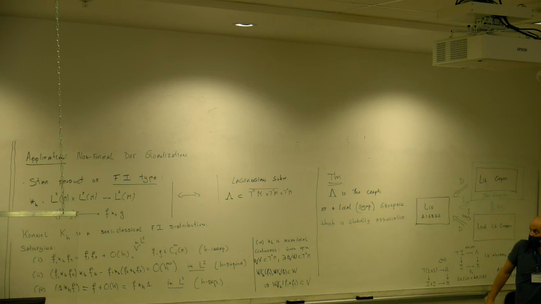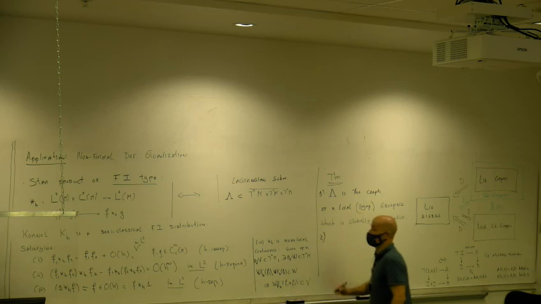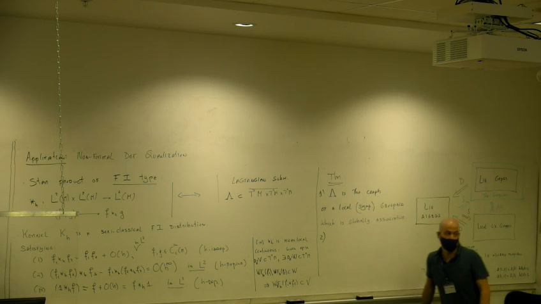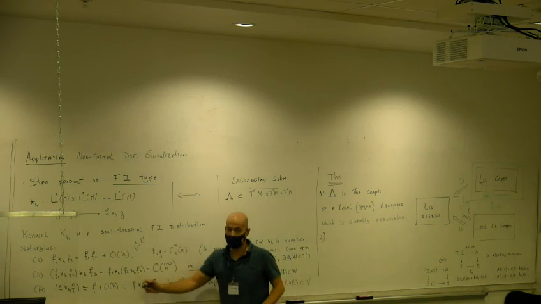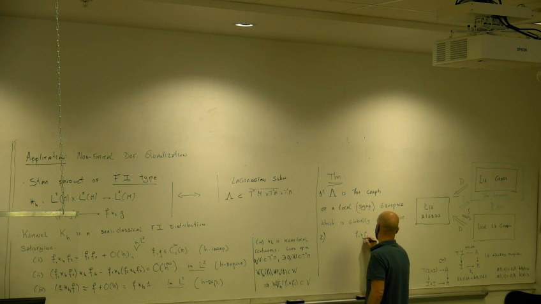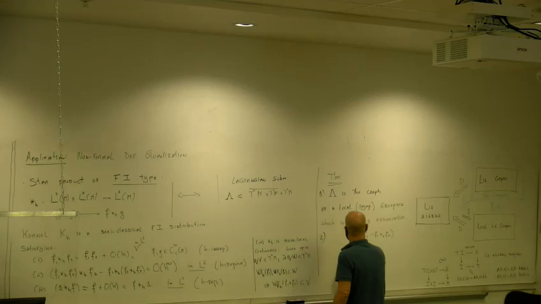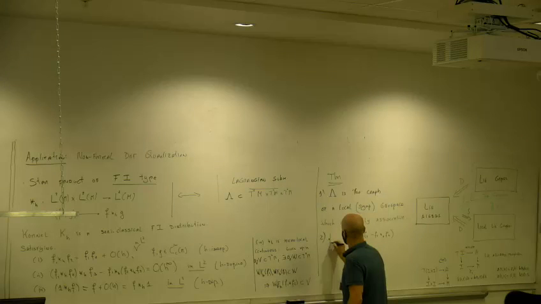And if you look at the semi-classical approximation, that means you look at the star commutator, divide by H, and let H go to 0, this defines a Poisson bracket.